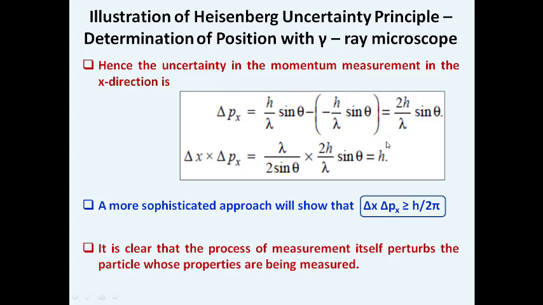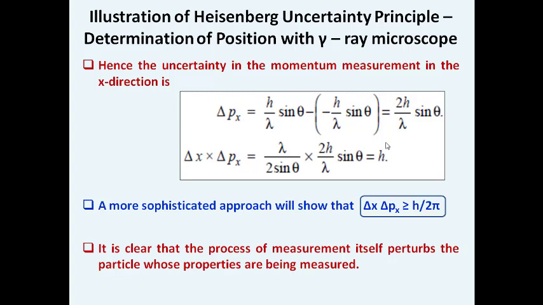You know well that the uncertainty principle was derived by Heisenberg, so the product of uncertainty in position and momentum is equal to h, whereas a more sophisticated approach shows that the product of delta x and delta p is greater than or equal to h by 2. It is further improved as h by 4 pi, or h cross by 2.